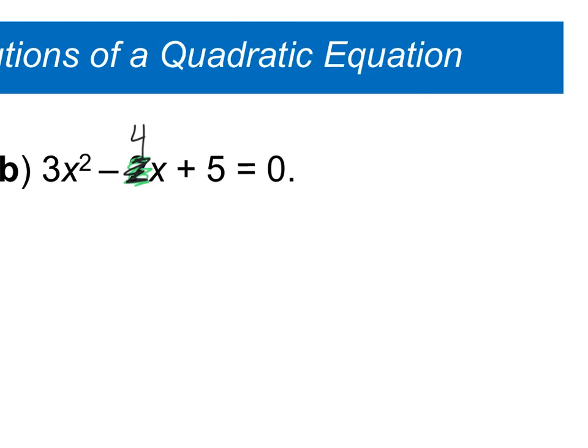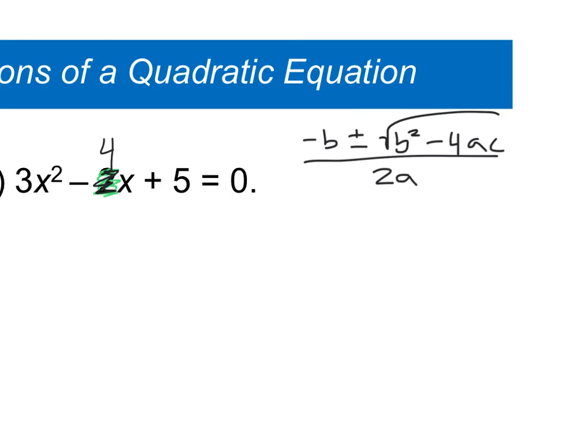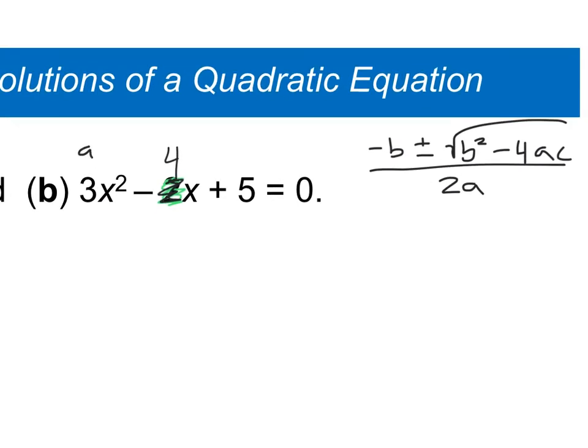Now this equation does not factor, so what do we do when it doesn't factor? You use the quadratic formula. So we have negative b plus or minus the square root of b squared minus 4ac over 2a. Our 3 is our a, our negative 4 is our b, and our 5 is our c.